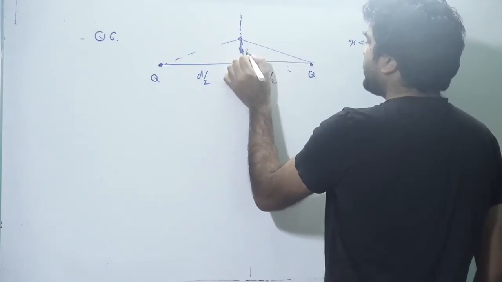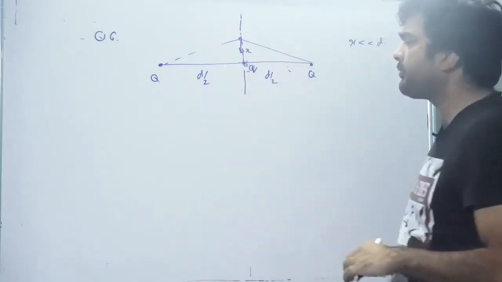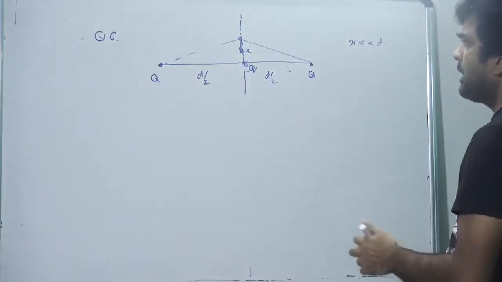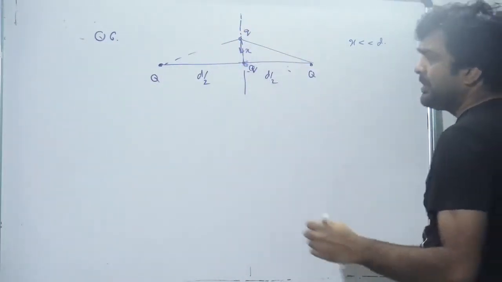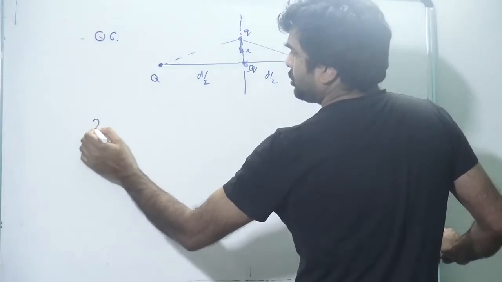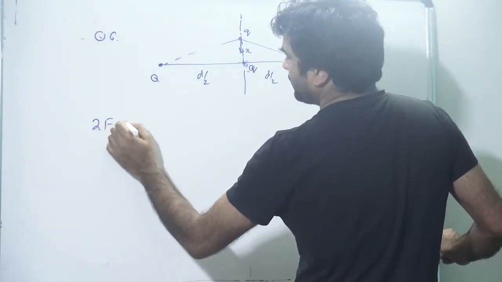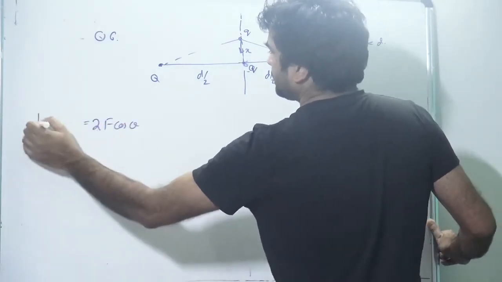At a distance, let us say x, small displacement from the mean position, the net force experienced by this charge q will be 2F cos theta, F net.